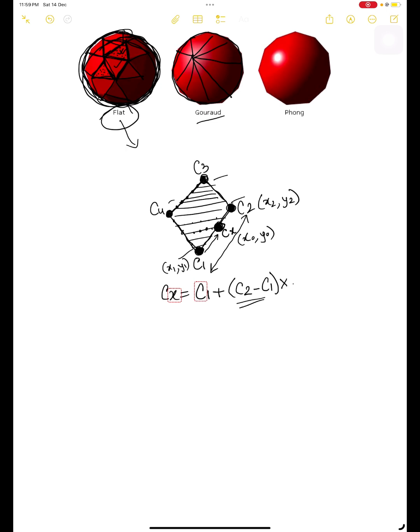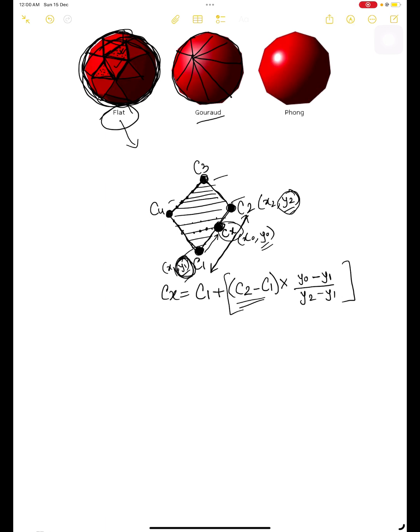Now, since it's taking a diagonal direction, we will take the y values to be the dominant factor here, and hence find the color using the y coordinates. As in, at this height, the y coordinate of CX is Y0, and our starting is basically Y1. So it's Y0 minus Y1 divided by the total range, which is Y2 minus Y1. Using this, we will find the color of our CX here.